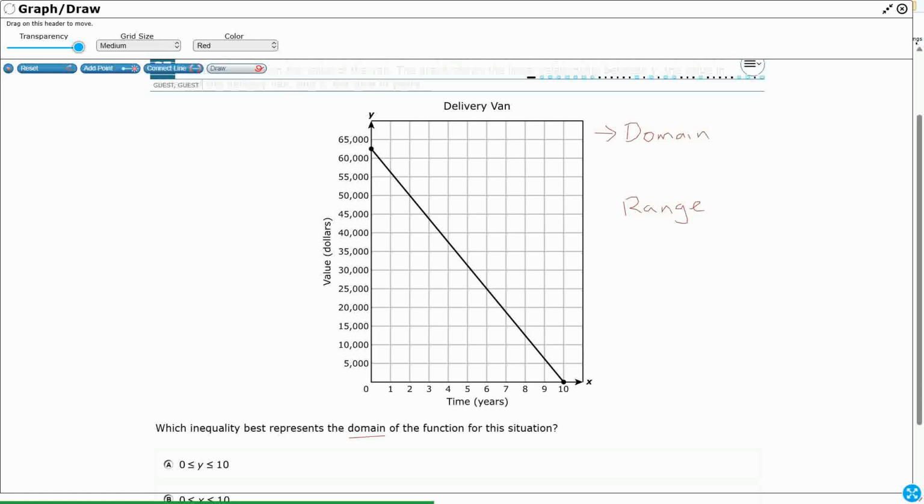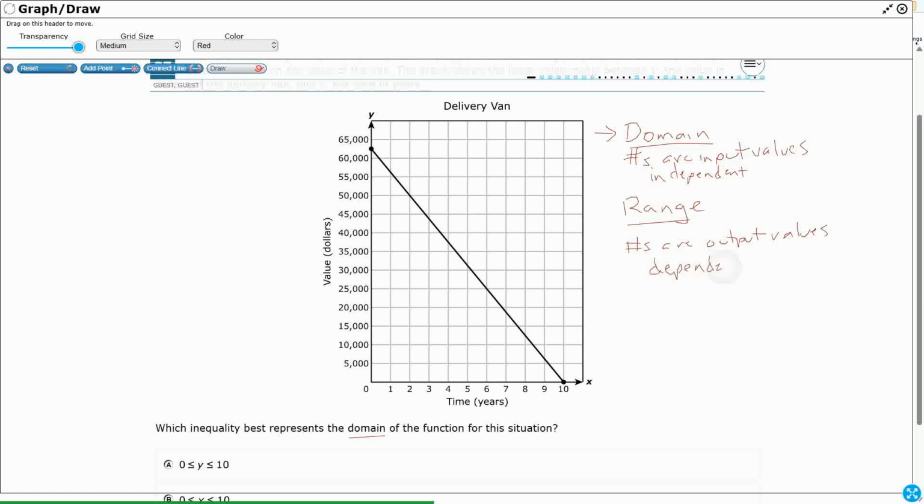So the domain is the set of all numbers that are input values, or the set of all inputs, if you want to call it that way. And our range is the set of all numbers that are our output values. We can also call these our independent values and our dependent values.